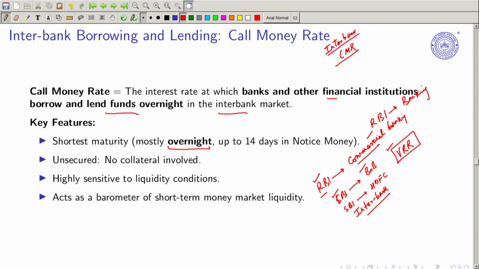Now if you go on the RBI website and look at the database on the Indian economy, here you have to note one major difference.